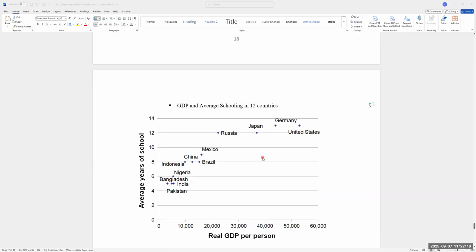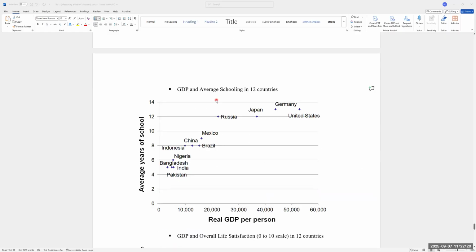And here's GDP per person versus average schooling in 12 countries. Again, you could see those with high levels of real GDP per person have high levels of average years in school.